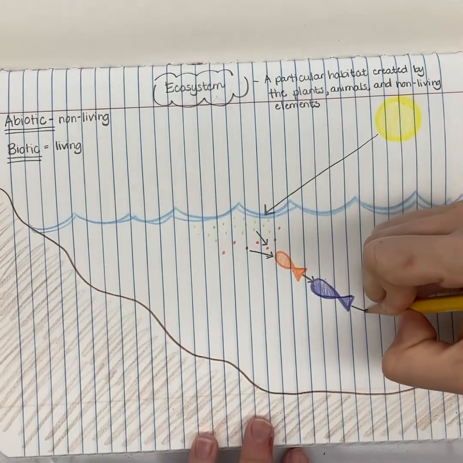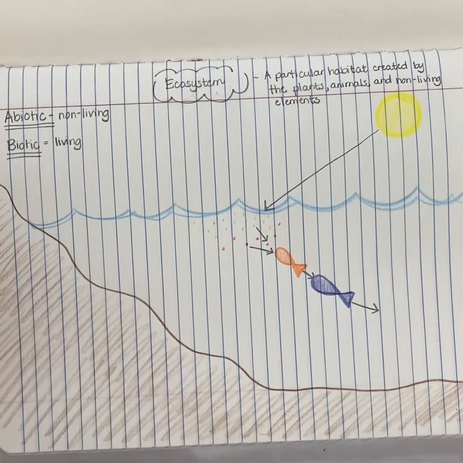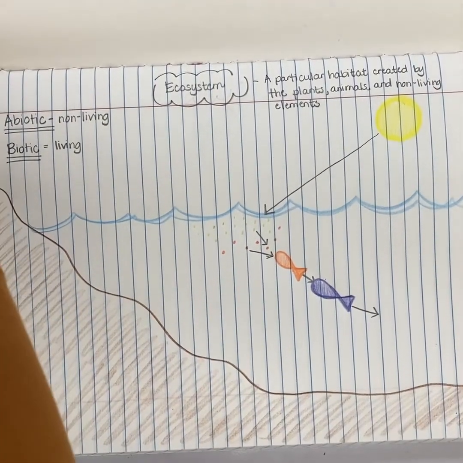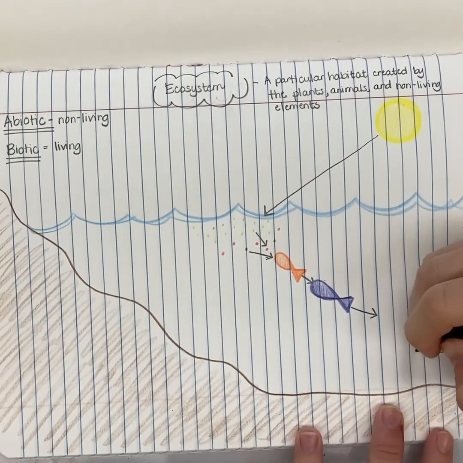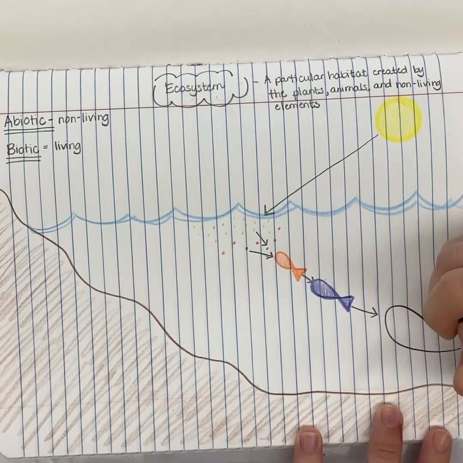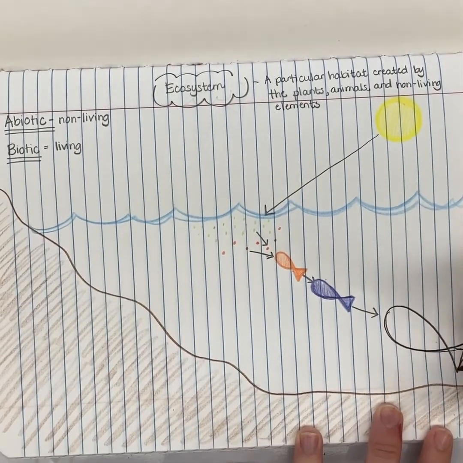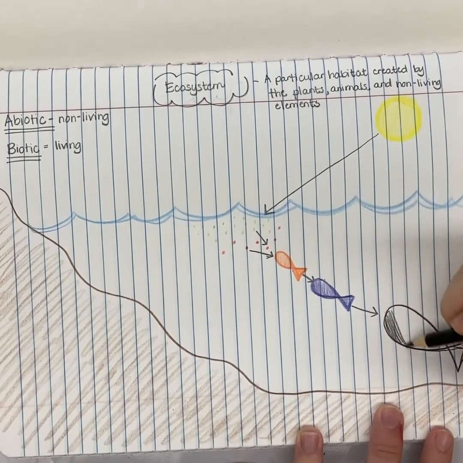And then you might even have a bigger fish, such as maybe like a shark of some sort. And he is going to consume this purple fish that we have here.